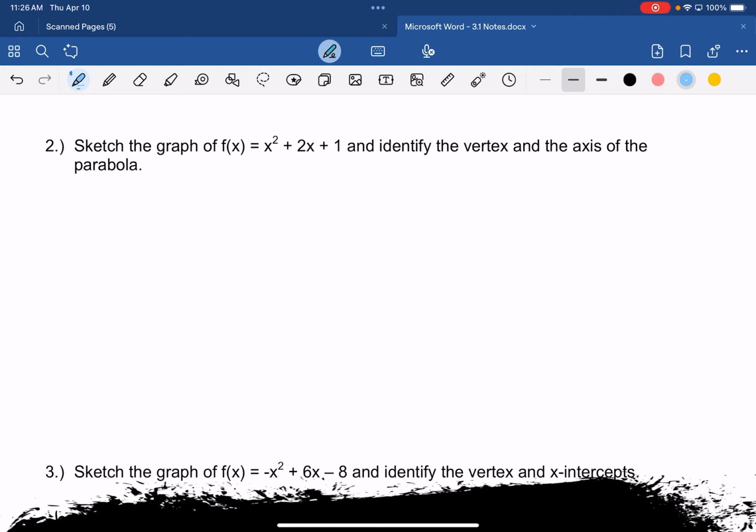First things first, you always start with your vertex. Let's write some steps out for this one. This might be helpful. Start with your vertex: negative b over 2a. So I've got negative 2 over 2 times 1, because of that invisible 1 out front. Negative 2 over 2 gives me negative 1. Now that's just the x-coordinate. I think it was Patrick last time who told us we're going to plug it in now to find the y.